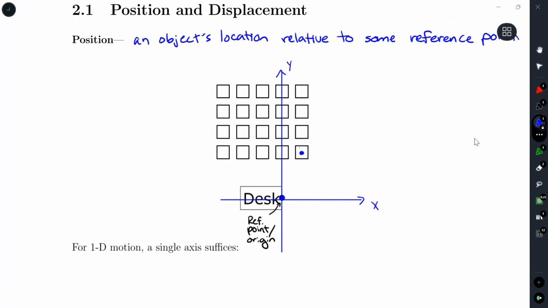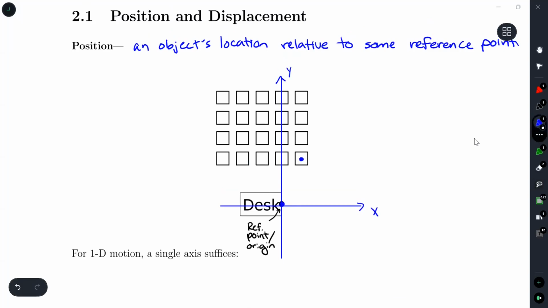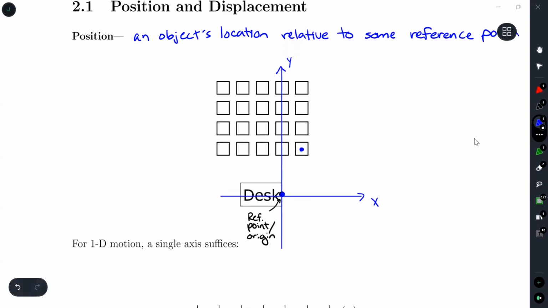In this case, to locate any point in a classroom relative to my desk, I need two axes to say how far horizontally and how far vertically, or I guess farther into the class, I need to move. And so I might say, okay, it takes me to get to this person, right?